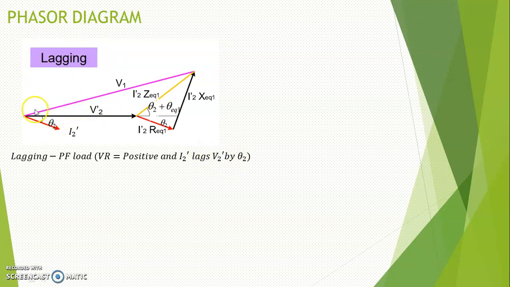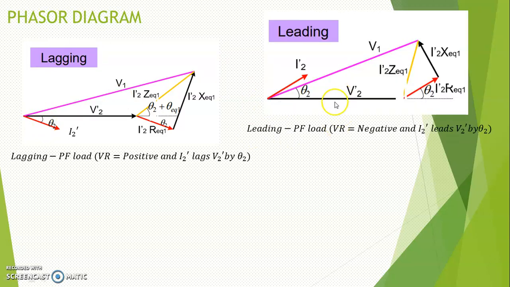In this case you see the I2 prime lagging the V2 prime by the theta 2 degree.